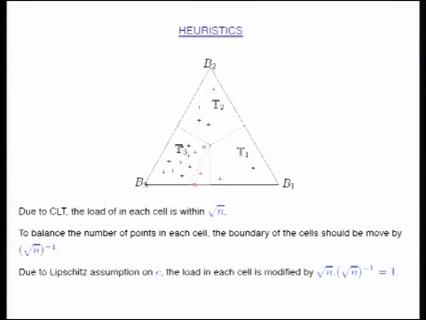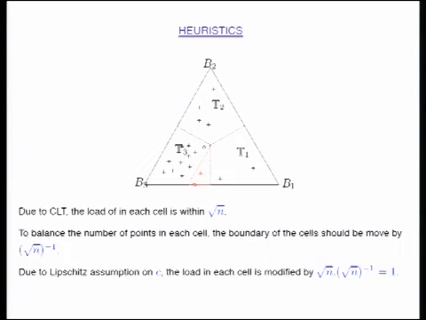So if you want to balance the load, or the number of points in each cell, you have to move the boundary to get roughly square root of n points. So you have to move the boundary by order 1 over square root of n, so that you will have n times 1 over square root of n points.